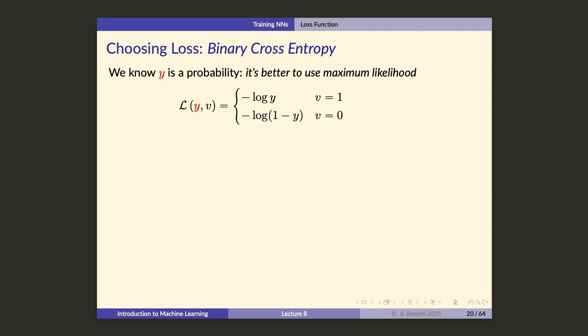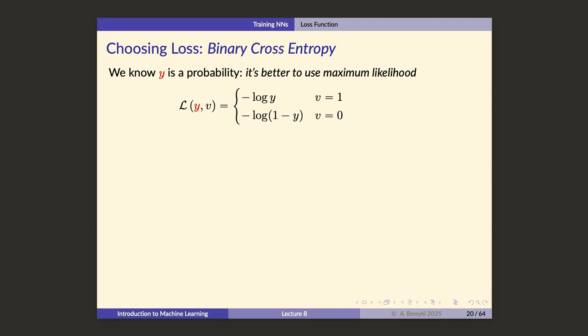If y is smaller than 1, then 1 over y is larger than 1, and this loss is going to be something positive, right? So where is the minimum happening then? At y equal to 1. So this is minimized when y equals 1, right?